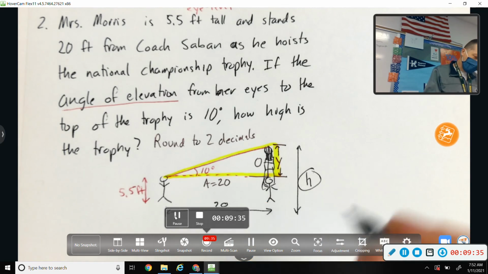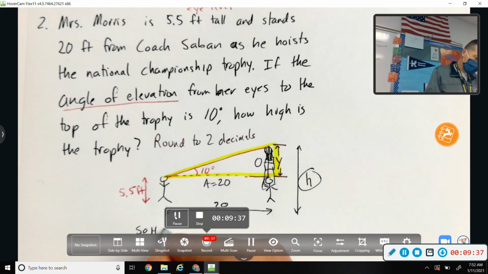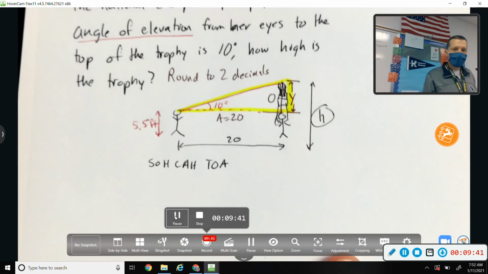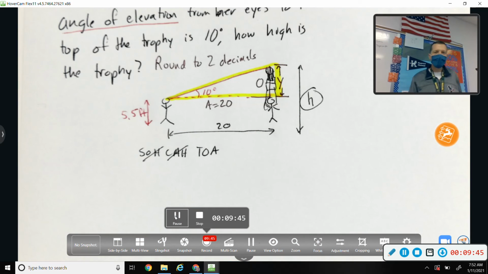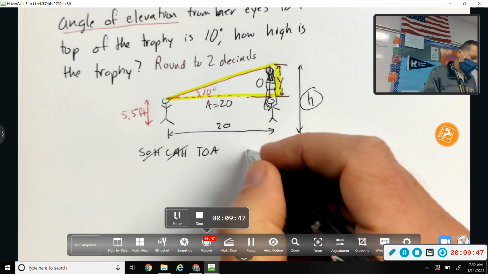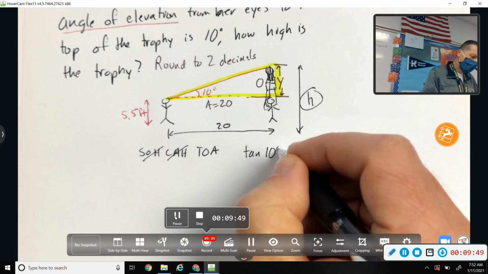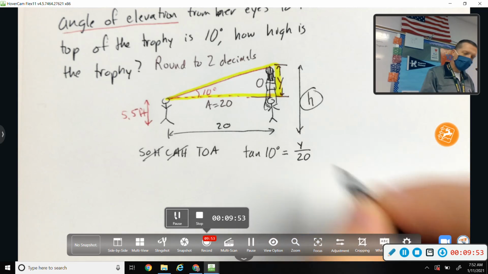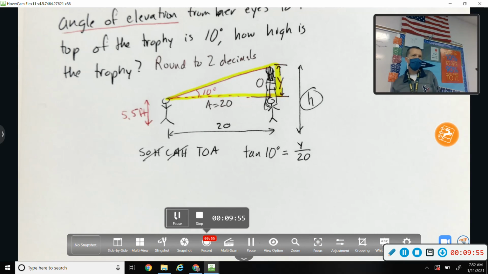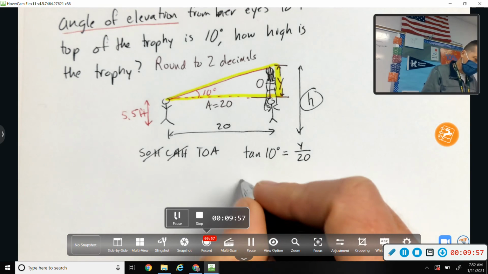So if I'm thinking SOHCAHTOA, and I'm not interested in the hypotenuse at all, then SO and CAH are gone, and I'll write tangent. Tangent of 10 degrees equals opposite over adjacent, Y over 20. A little bit of algebra.